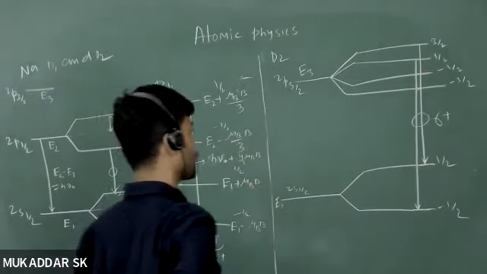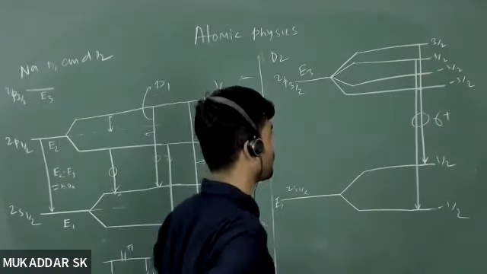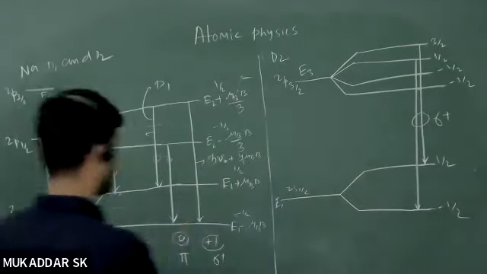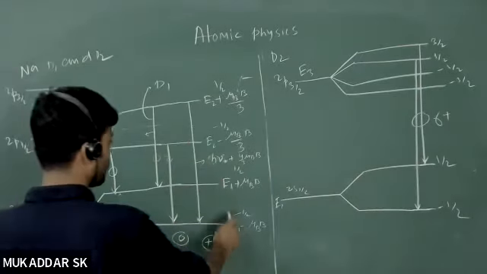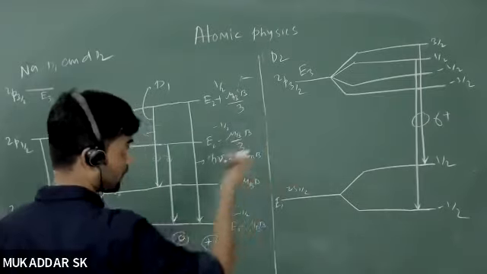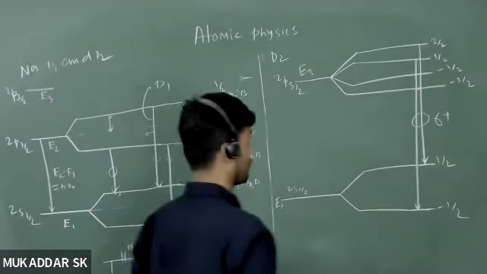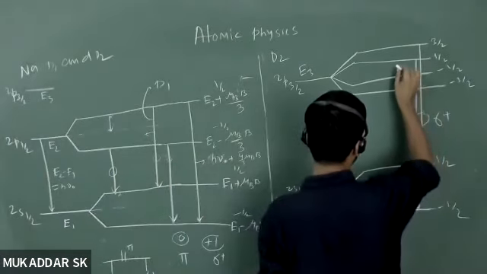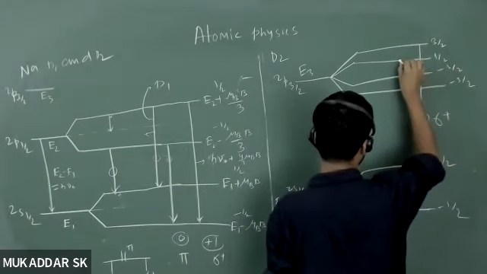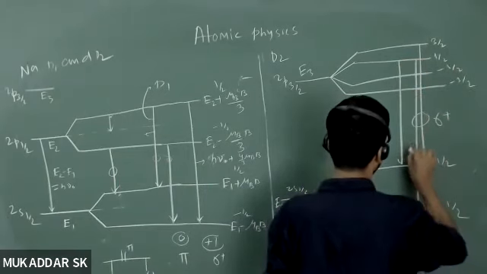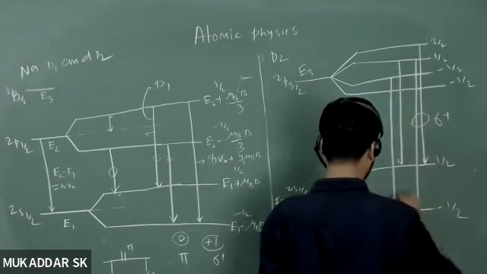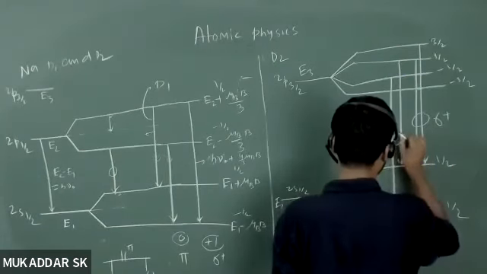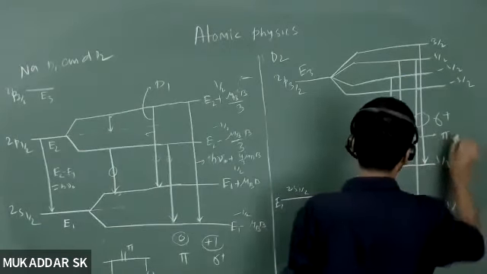If you calculate it, they will have different energy. Same as this, whatever I wrote in terms of energy, you write it and apply the selection rule. And for delta mj 0, half to half is possible, minus half to minus half is possible. So that will basically give you pi.